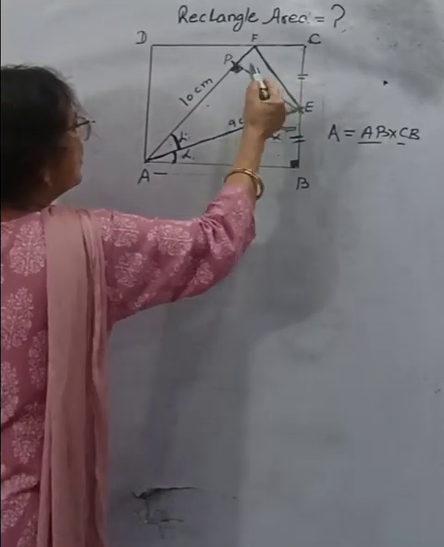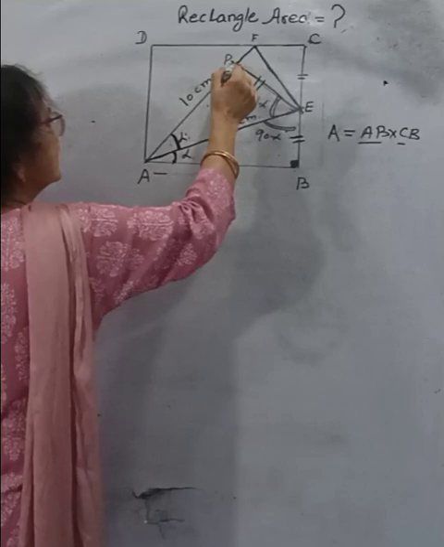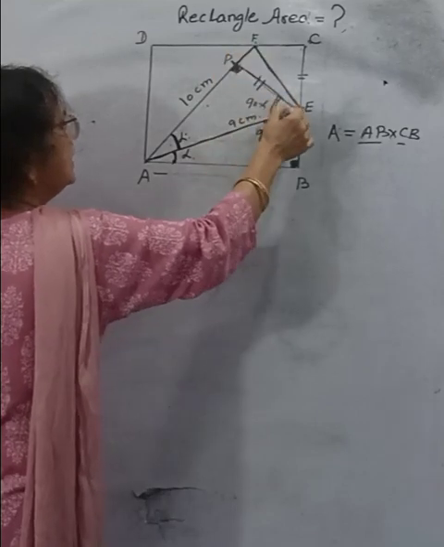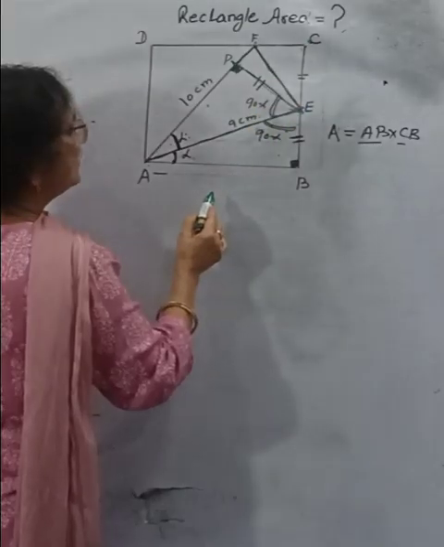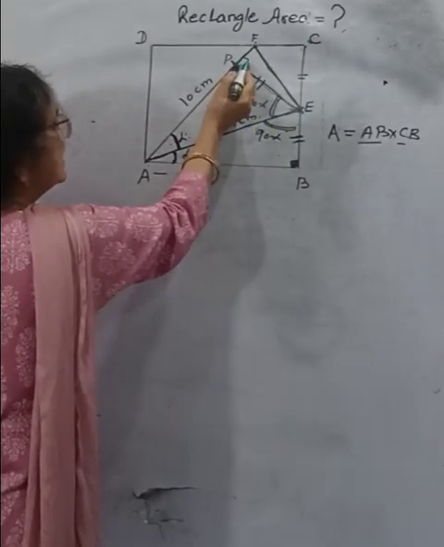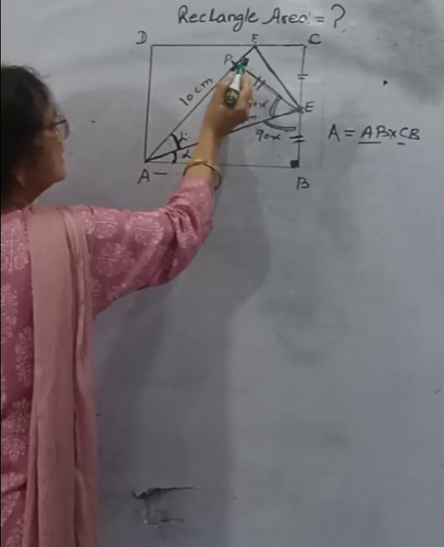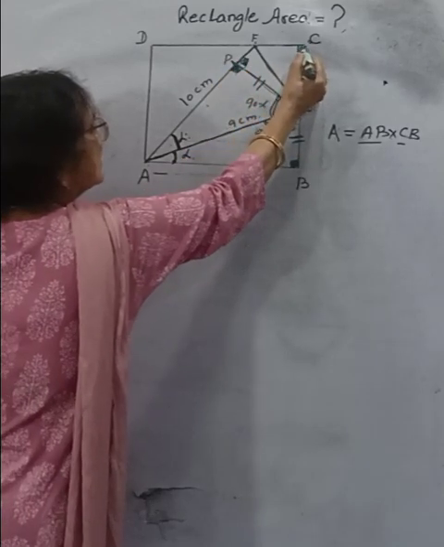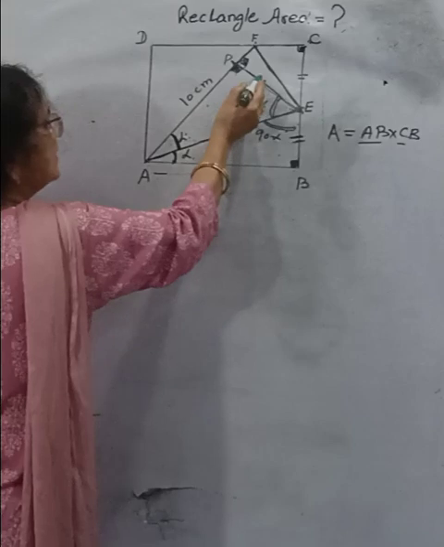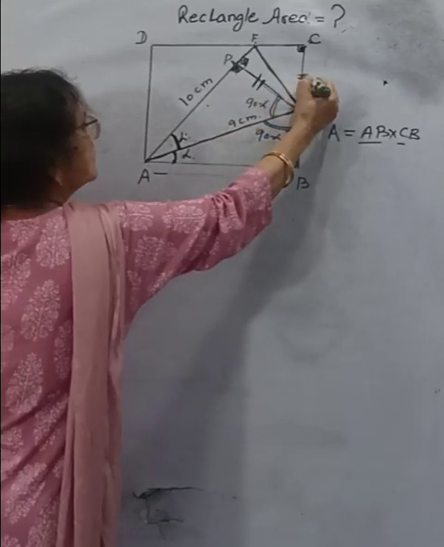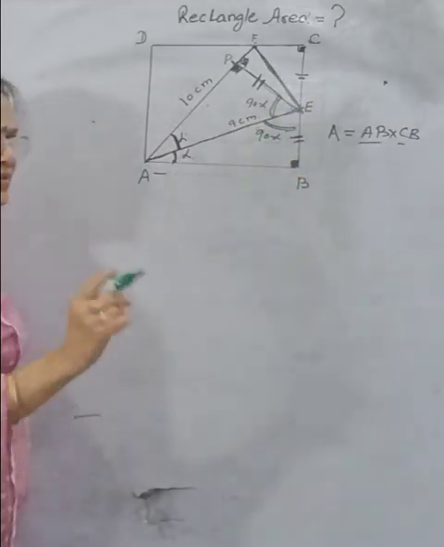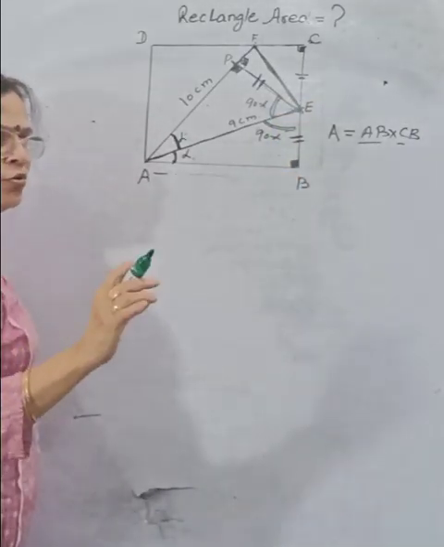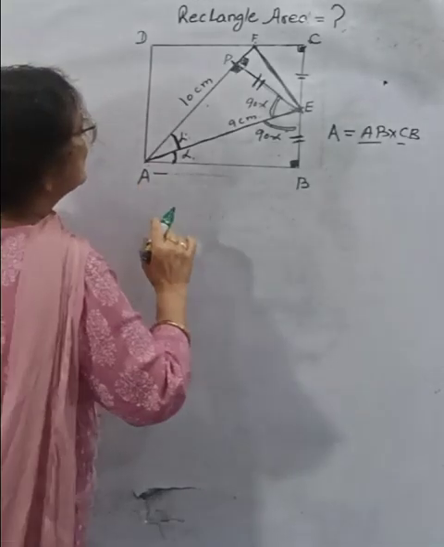Now again, if we take the triangles PFE and FEC, this is a 90-degree angle and this is a 90-degree angle. Except this, we have proved that this side is equal to this side, and this side is very much common. I am saying again, please don't go by the figure; this is a mathematical situation.